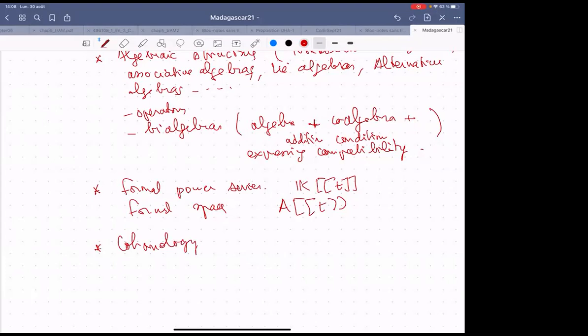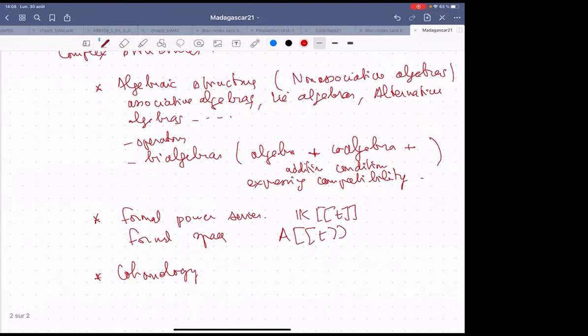In fact, the main result in Gerstenhaber's work was to connect these formal deformations, using formal power series, to some invariants of the algebra, which are the cohomology. The main results express how to construct or control the deformation using the cohomology of the algebra.